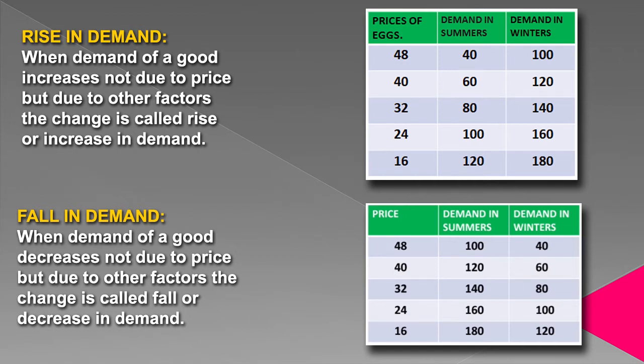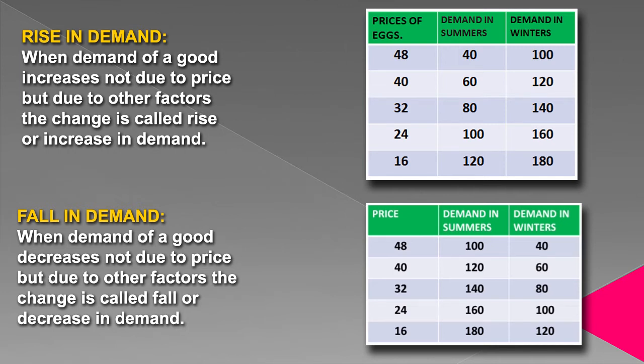So you can see that there occurs no change in price, but demand increases. This increase in demand is known as rise in demand, because this increase in demand takes place because of a change in a season.